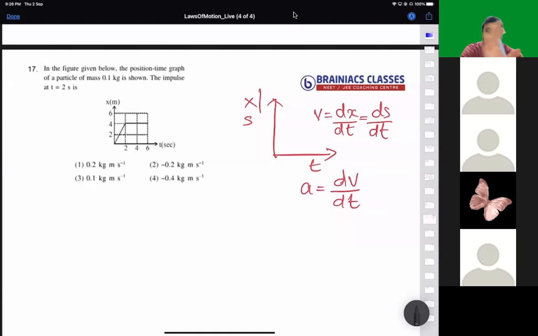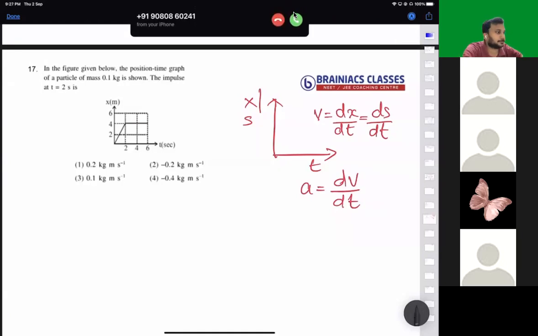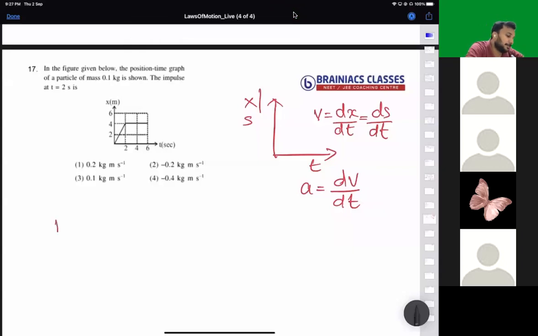While taking the theory, I told you impulse will have two formulas. One, impulse is equal to force into time. The other formula for impulse is change in momentum.